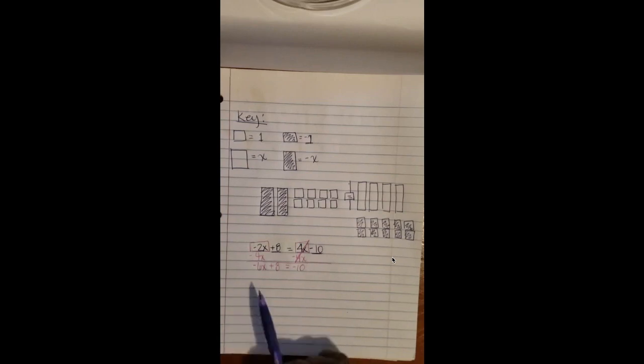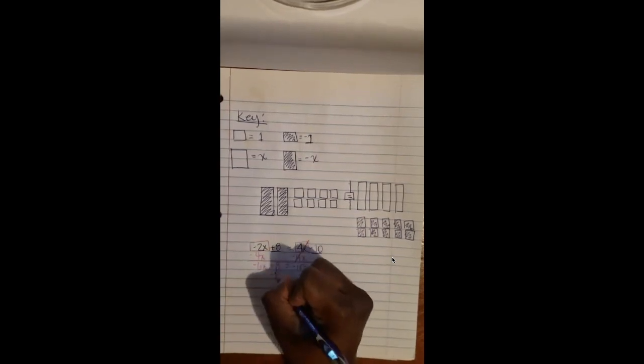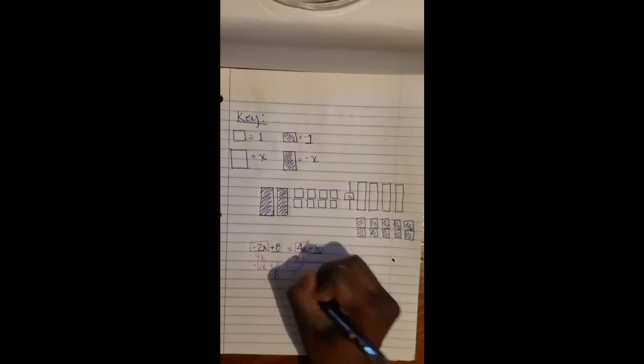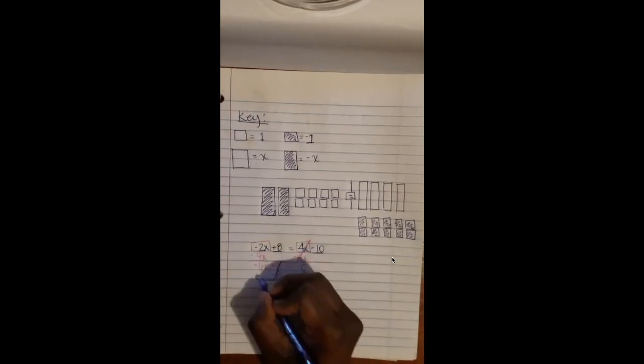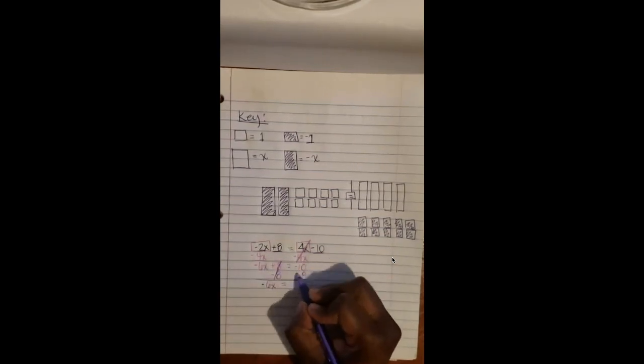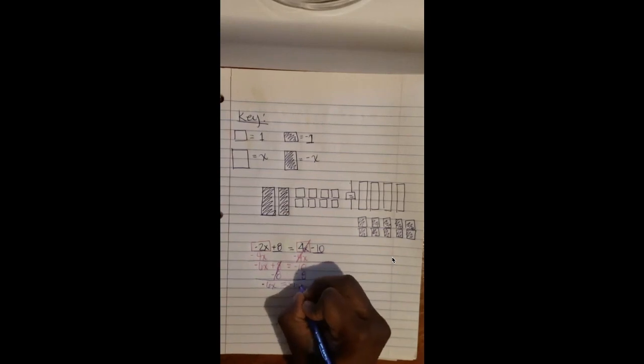Whatever constant is on the left has to go to the other side, and you do the opposite of whatever the operation is. This says +8, so I'm going to subtract 8 from both sides. This cancels out, and I'm left with -6x equals -10 minus 8, which gives me -18.